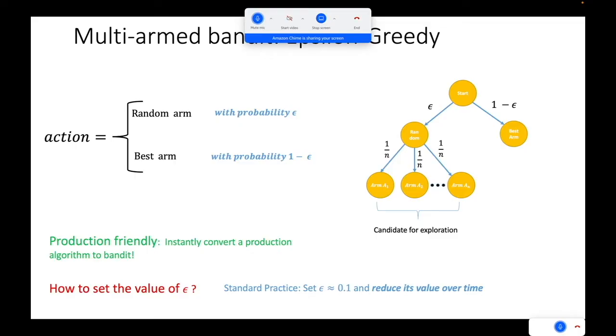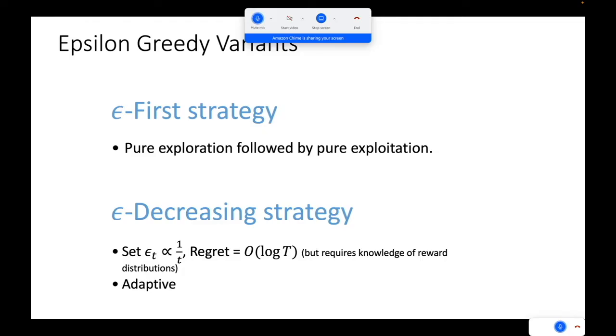But if the system is evolving, or it's non-stationary, then you might have to explore continuously over time. There are various strategies. You can have a pure exploration where you just explore the first n number of steps, and after that you stop exploration and take the optimal decision based on the data you have collected.